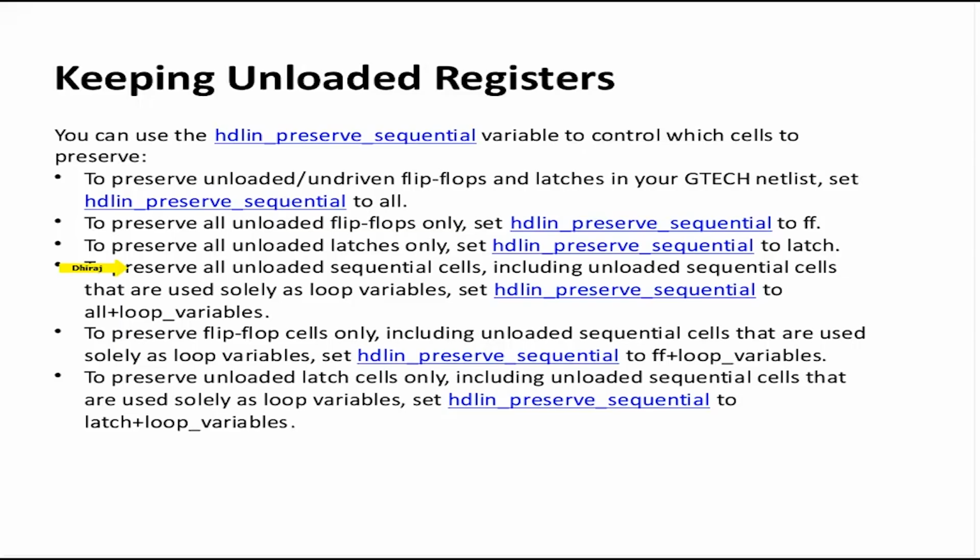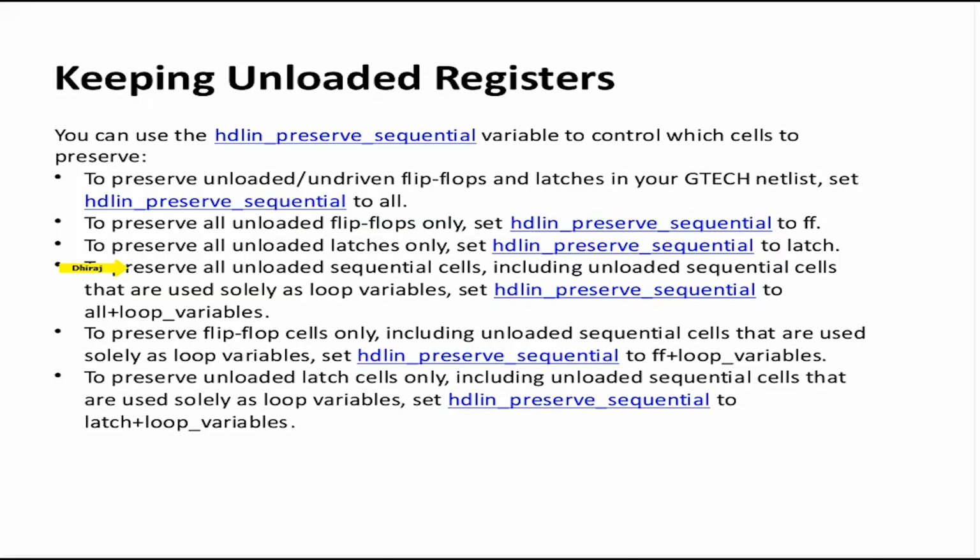But in case of synthesis, in case of hardware, a loop variable simply means that the hardware will either be repeated depending on the kind of logic you write, or there will be some counter. So it is not necessary that the loop variable will itself be a flip-flop. For example, if the hardware is repeated, let's say you have a loop of 5, it means that the corresponding hardware should be repeated 5 times, there will not be any flip-flop that will represent the count of 5.